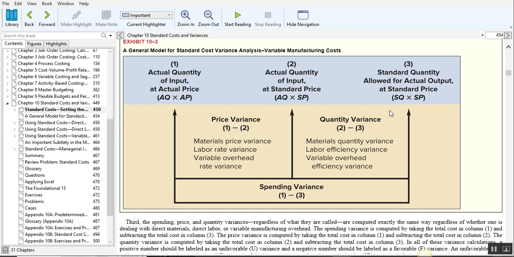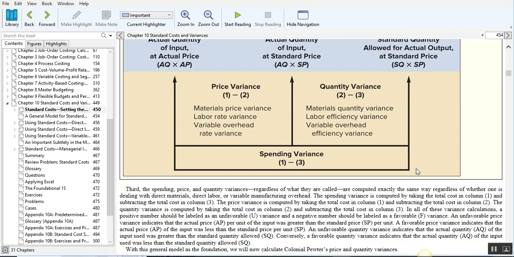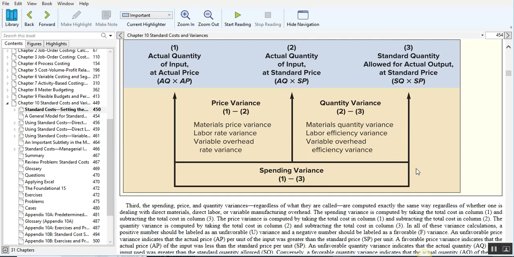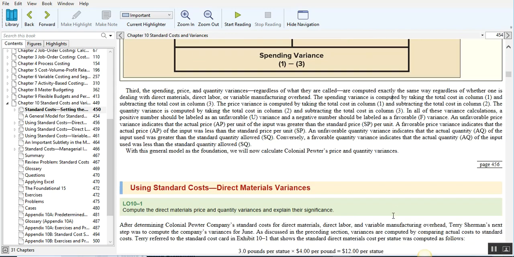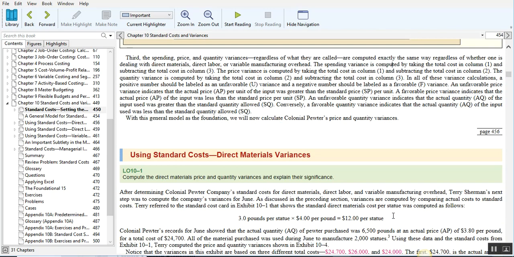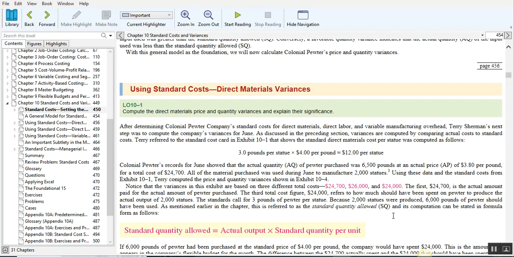And that will give us a spending variance. And basically the spending variance is going to be related to the difference between what our standard is and the actual in both quantity and amount or rate. So that really is the basis for what we're talking about when we look at the variances.